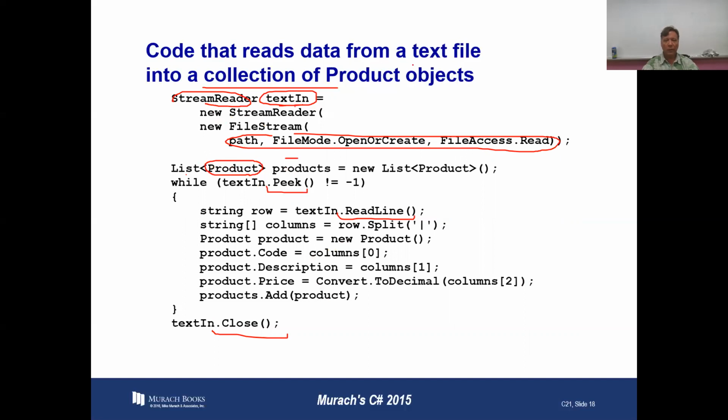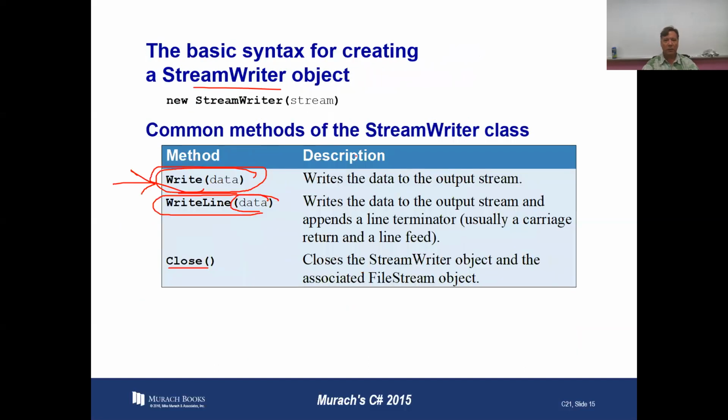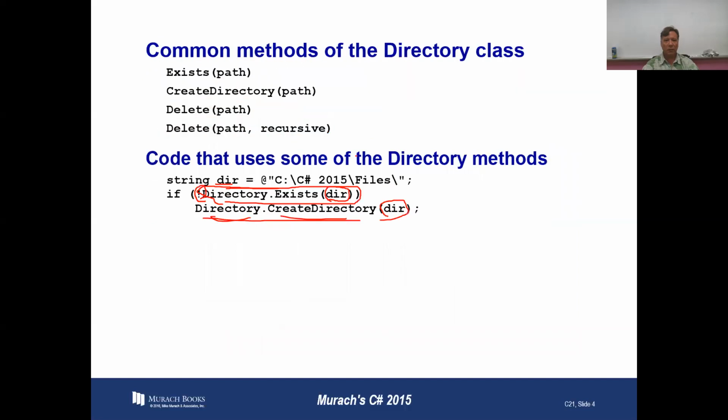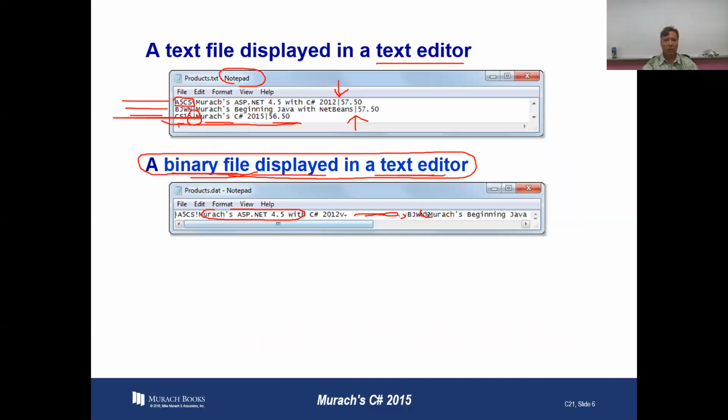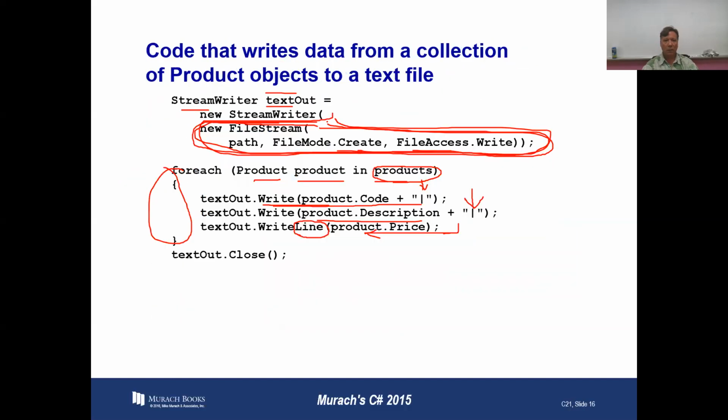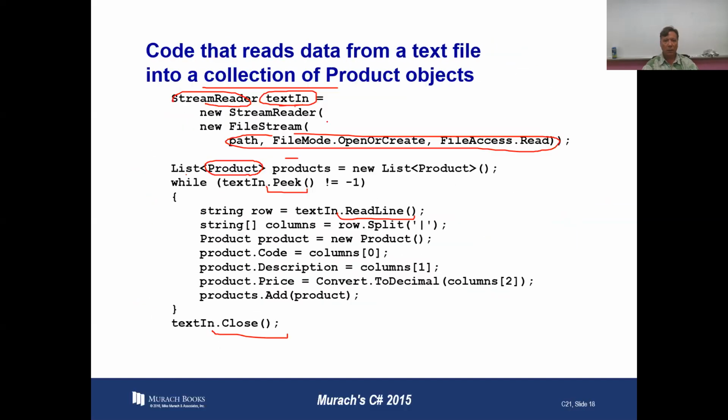Here we're reading a text file of products. In other words, we're reading something that looks like this: 1, 2, 3, these three things. And so we read them one by one. Now the first thing we do is a peek to see if there's one there.